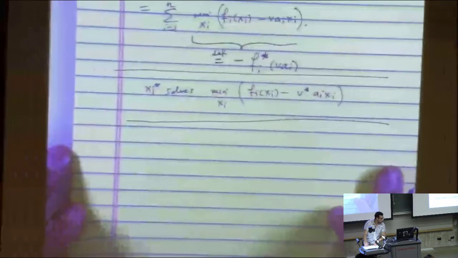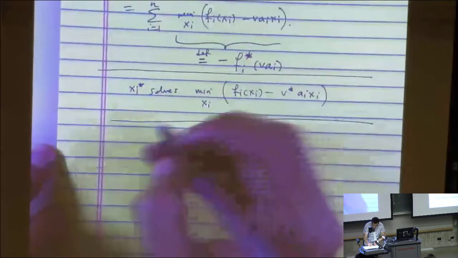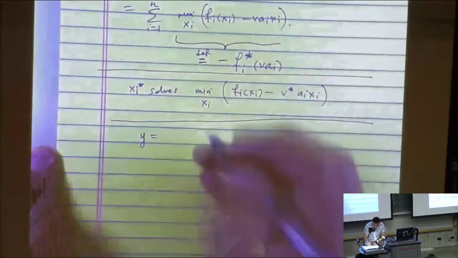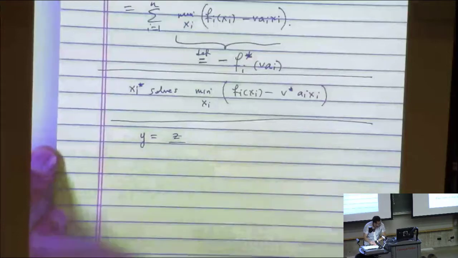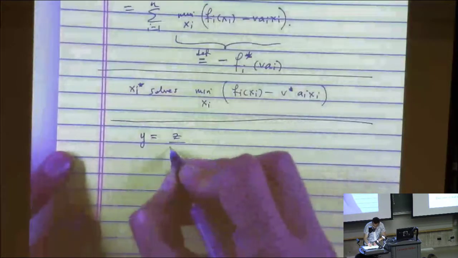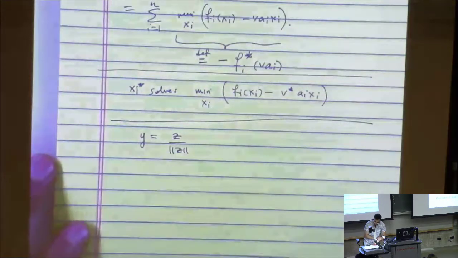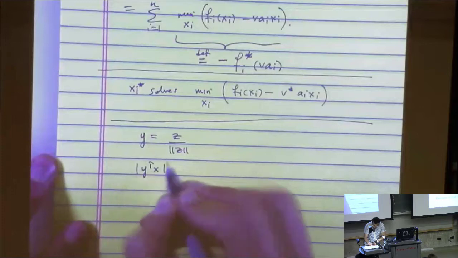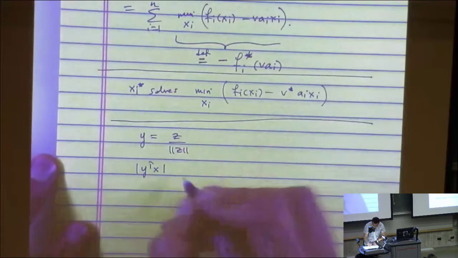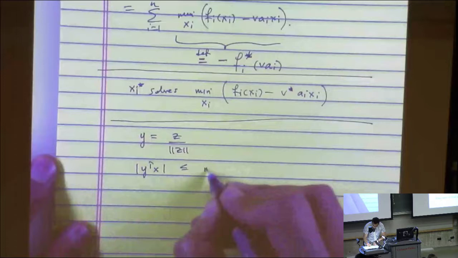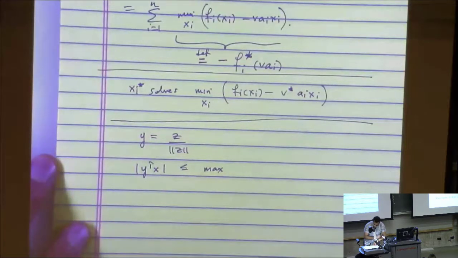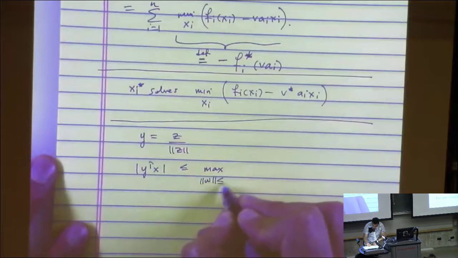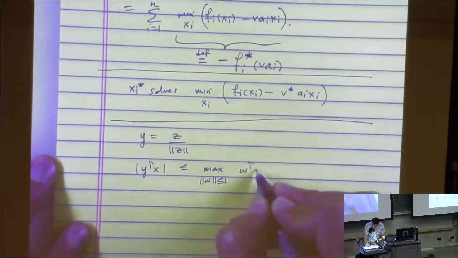It's straightforward to see that from just the definition of the dual norm. So let's define y to be z over its norm. Then y transpose x in absolute value is going to be upper bounded by the maximum over all w with norm less than or equal to 1 of w transpose x.